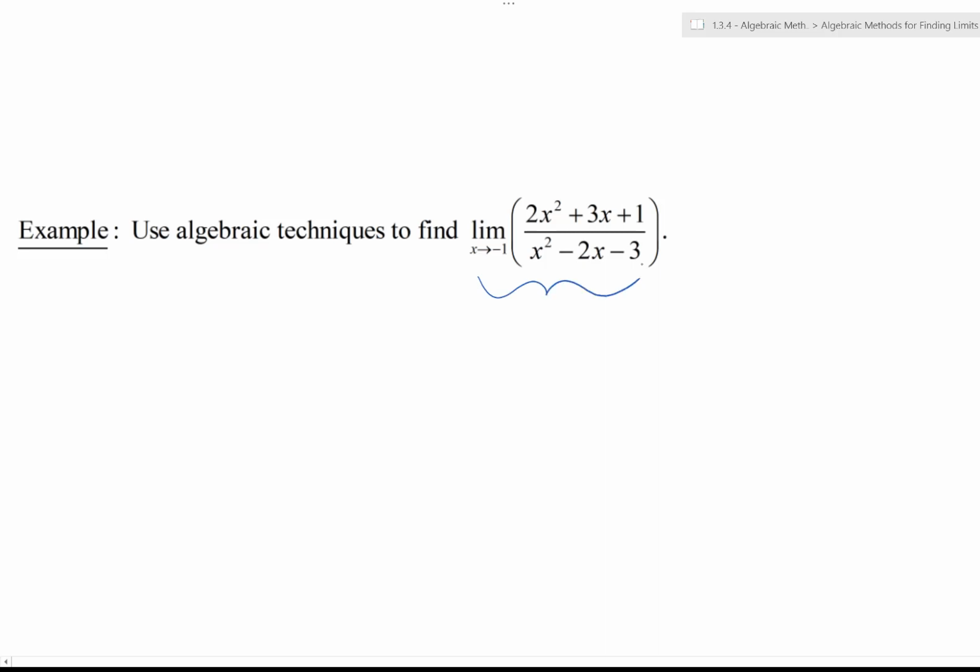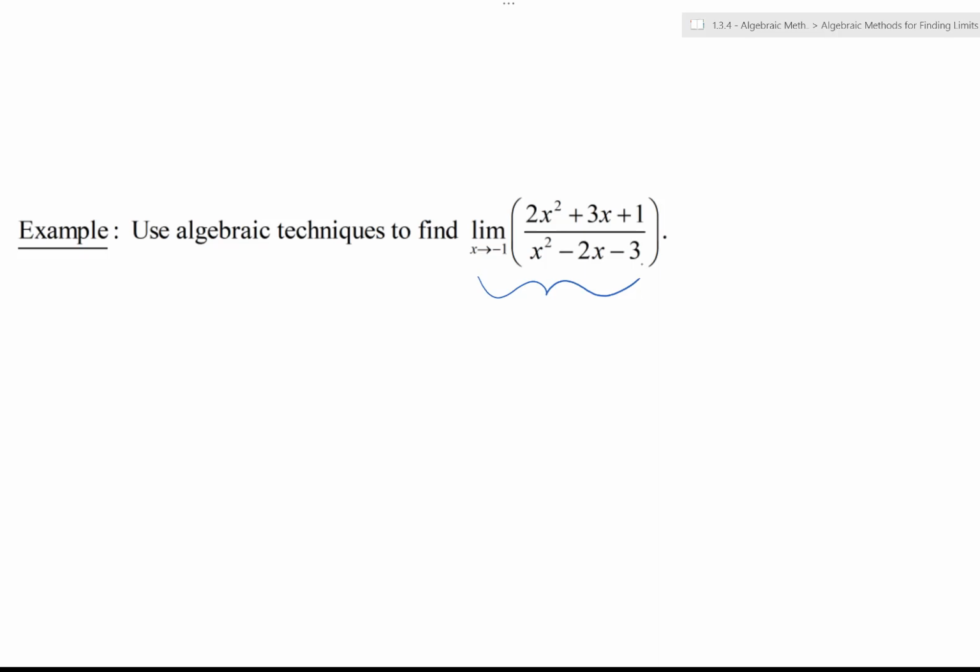The limit as x goes to -1 of the rational function, which is the ratio of 2x squared plus 3x plus 1 divided by x squared minus 2x minus 3. Now, the first thing we want to note is we have our rules from a previous video that if we have a rational function, and as long as the denominator is non-zero at the value of x that it's approaching, in this case -1, then we simply evaluate the function at that value of x and obtain the limit.